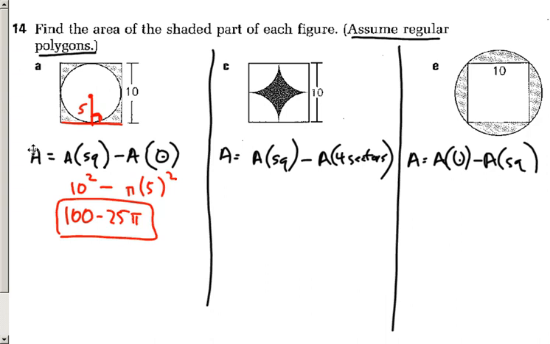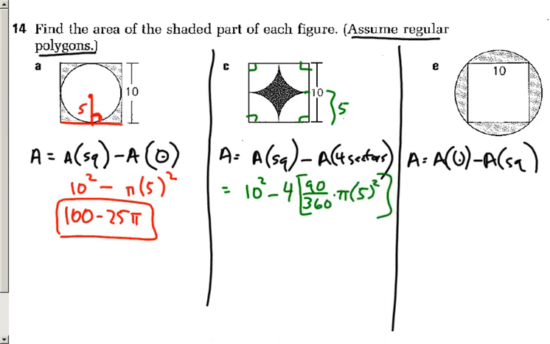The next one, the area of the square, again is 10 squared, very simple, but now I've got to find the area of 4 sectors. So each sector, since it's a square, has a measure of 90. Each sector, since these go to the midpoint, is going to have a radius of 5. So I've got 4 sectors. Each of them has a measure of 90. 90 over 360 times pi times 5 squared.